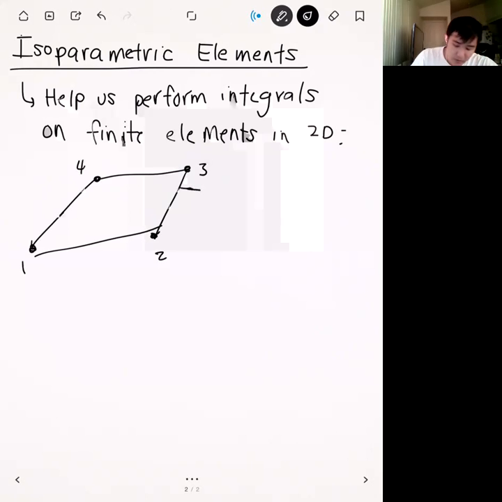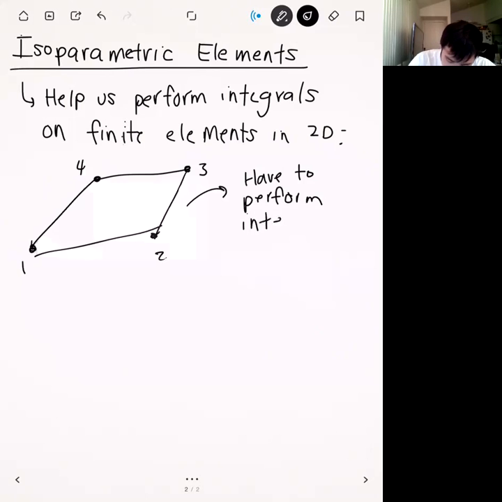And we know from previous lectures that if we want to perform finite element analysis on this, we have to compute several integrals over this element. And these integrals are going to give us things like our element stiffness matrix and our element forcing vector.